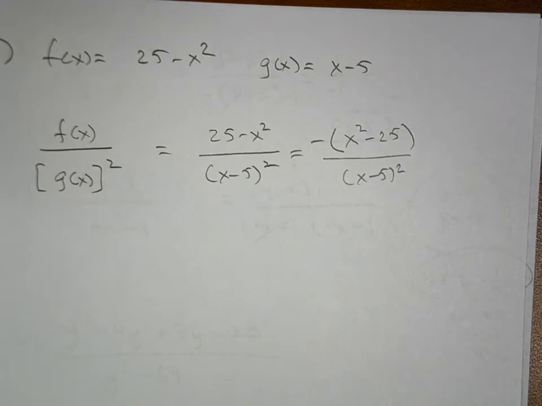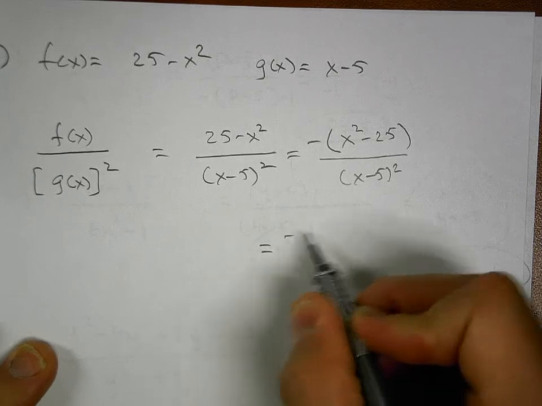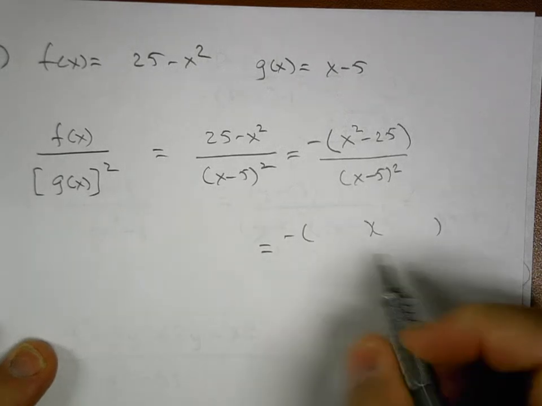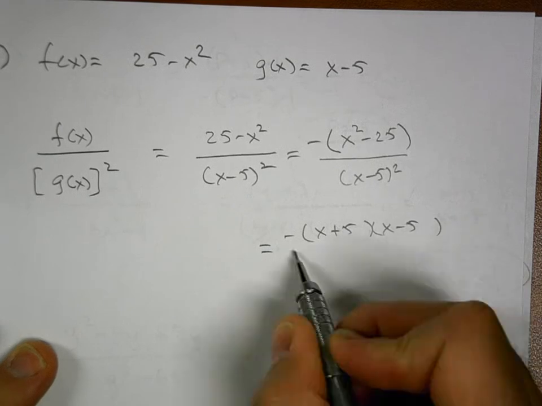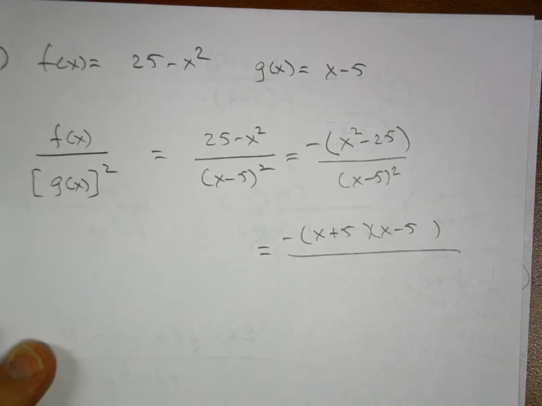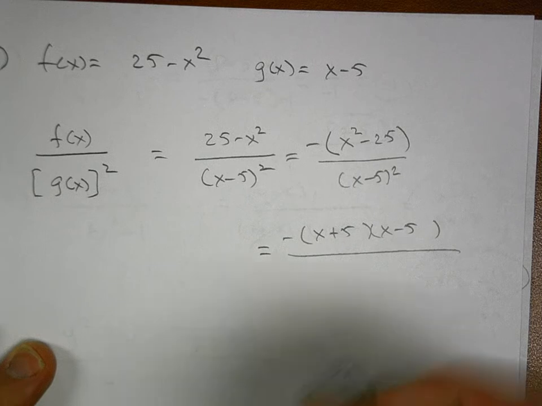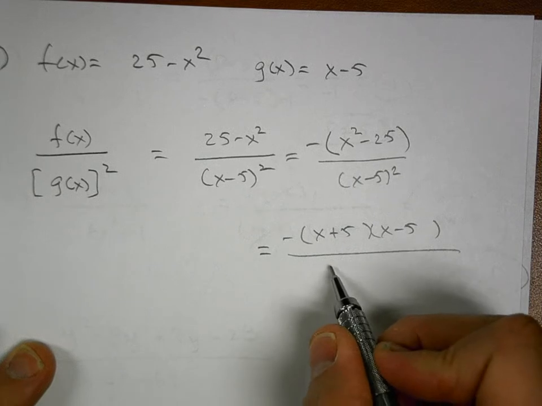And then we can factor. So this is negative parentheses, right, x plus 5, x minus 5, and then over x minus 5 squared.